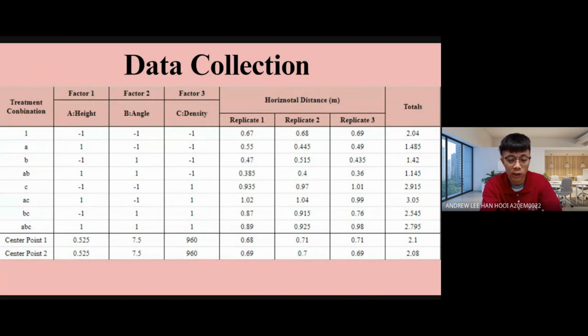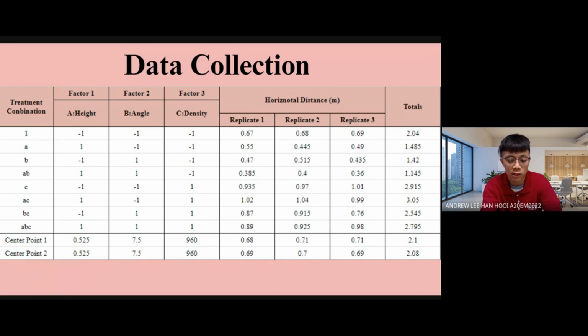For the data collection, for the experiment with the summation and mean of rows, this table includes the detailed measurements and statistical summary. The table is divided into columns that represent various factors and their respective levels. Factor 1 is the height, factor 2 is the angle, and the third factor is density.